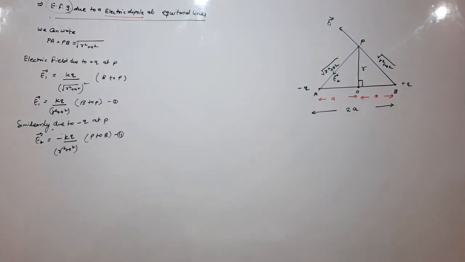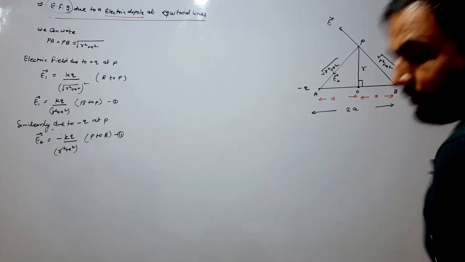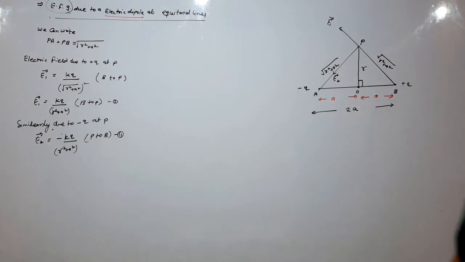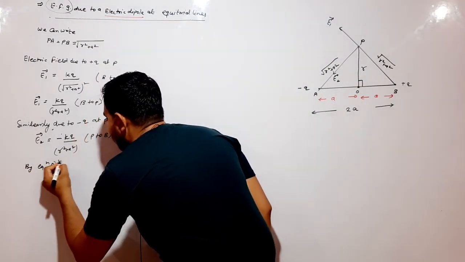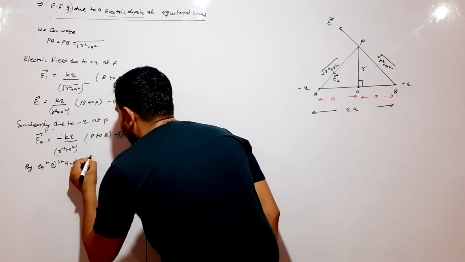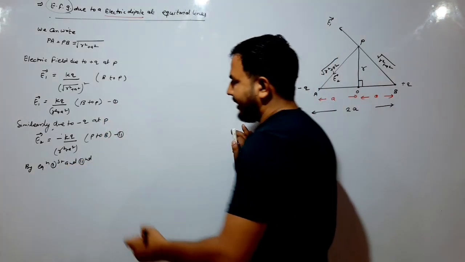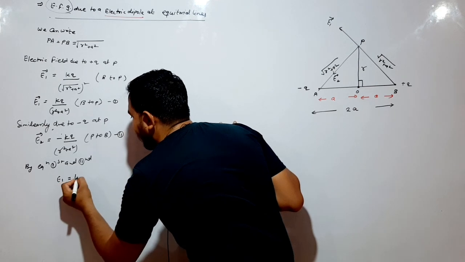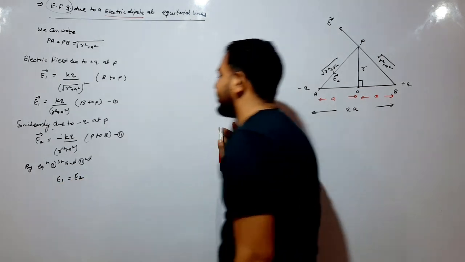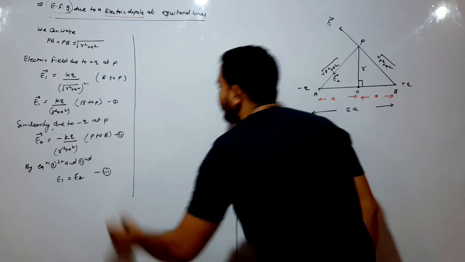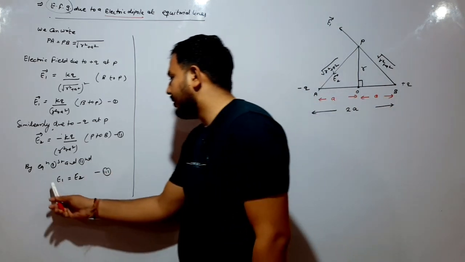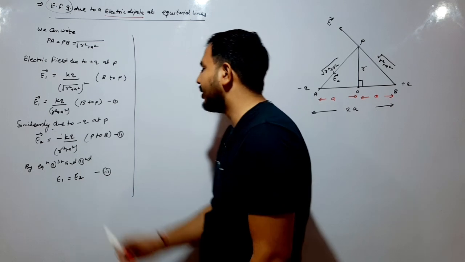According to equation first and second, we can write the magnitude of electric field E1 is equal to the magnitude of electric field E2. This is equation number third. You can also write mod E1 vector equals mod E2 vector.